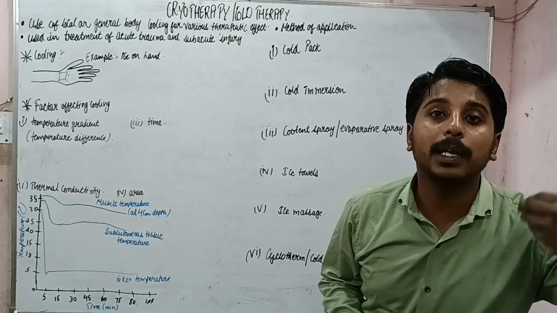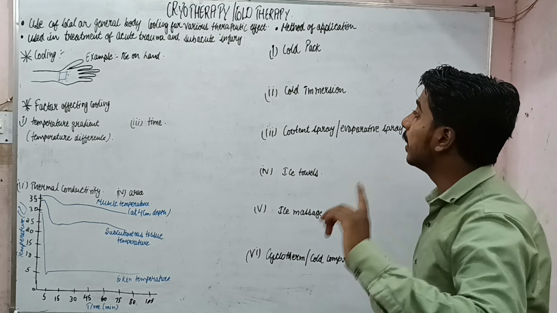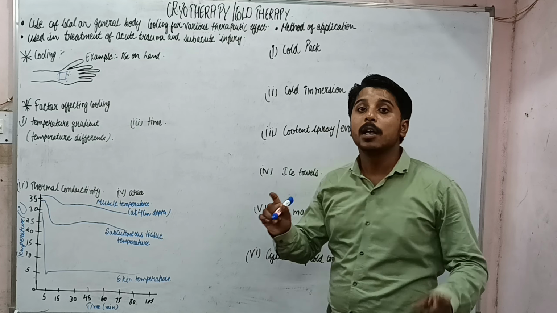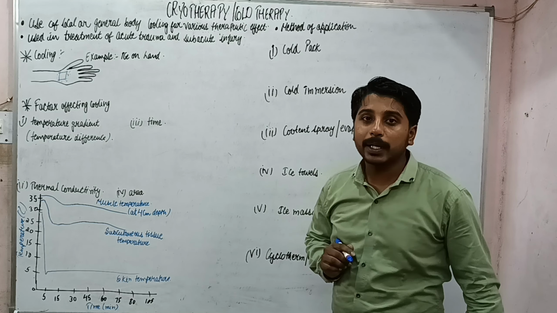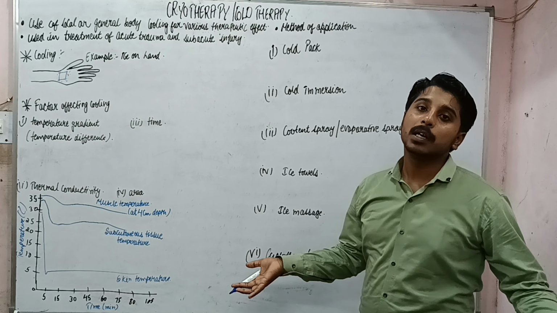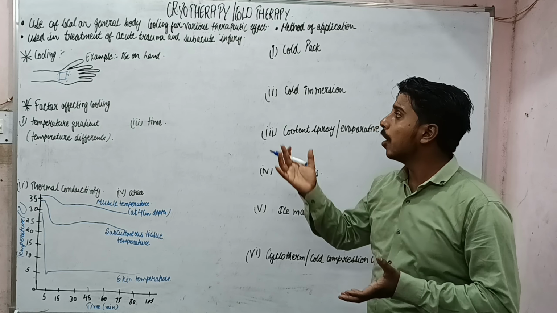So what is happening here? The energy from the body, that is our hand, is transferring into the ice, which is at the lower temperature. So energy transfer takes place from higher temperature to lower temperature, due to which there is a loss of energy at the body part where we are applying the cold pack or ice.